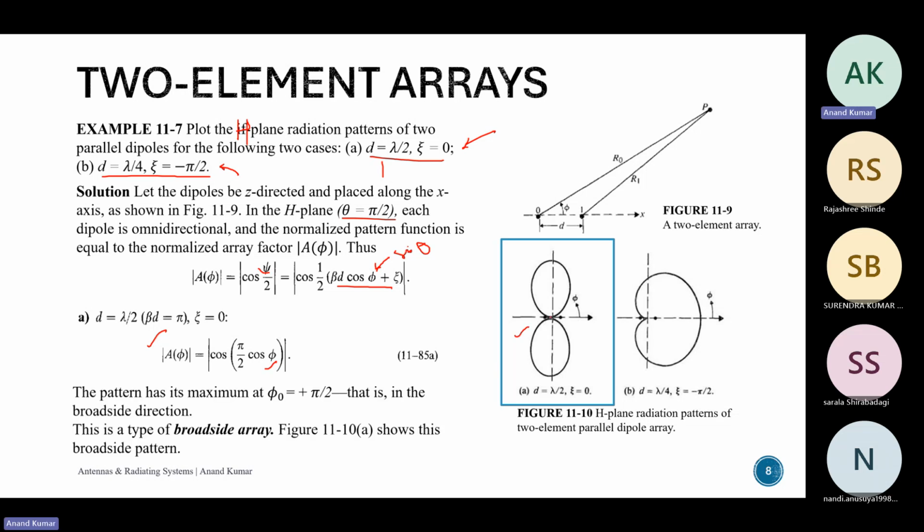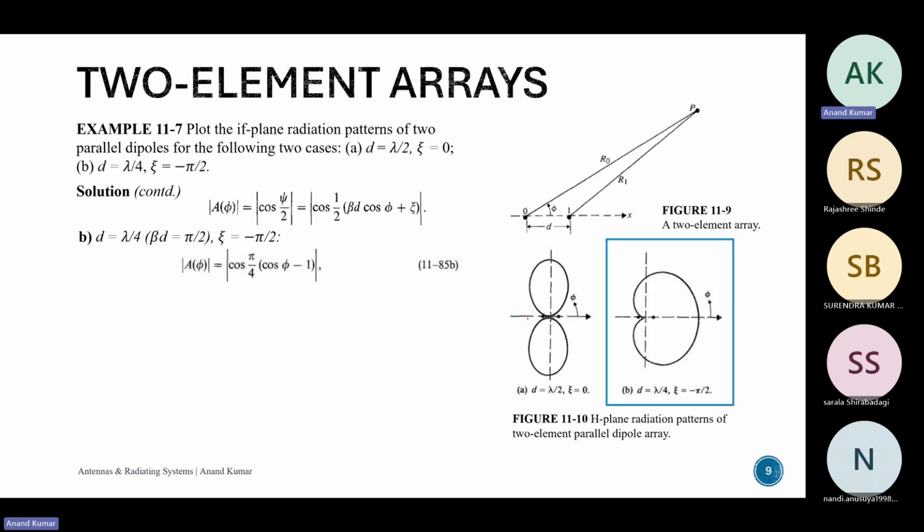If you see, the two elements are over here and over here, and the maximum radiation is in the broadside. Okay, I enlarged it quite a bit. So this is the direction of the maximum radiation. This is known as the broadside.